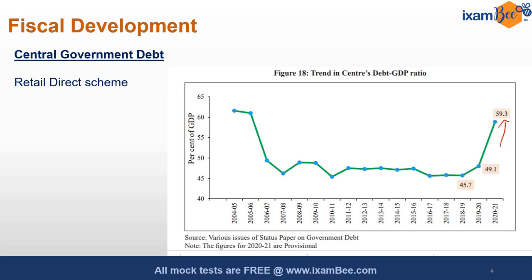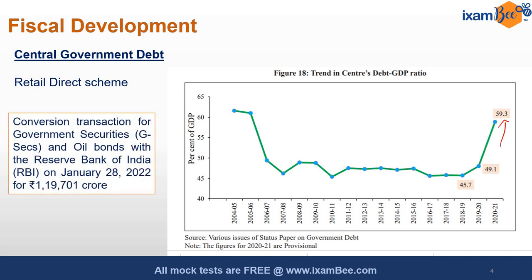Another news, unrelated to the economic survey, that came out on 31st January itself was a conversion transaction that was going to take place for some government securities and oil bonds with RBI. These bonds, basically G-Secs and oil bonds, are going to mature over the next 3 years.